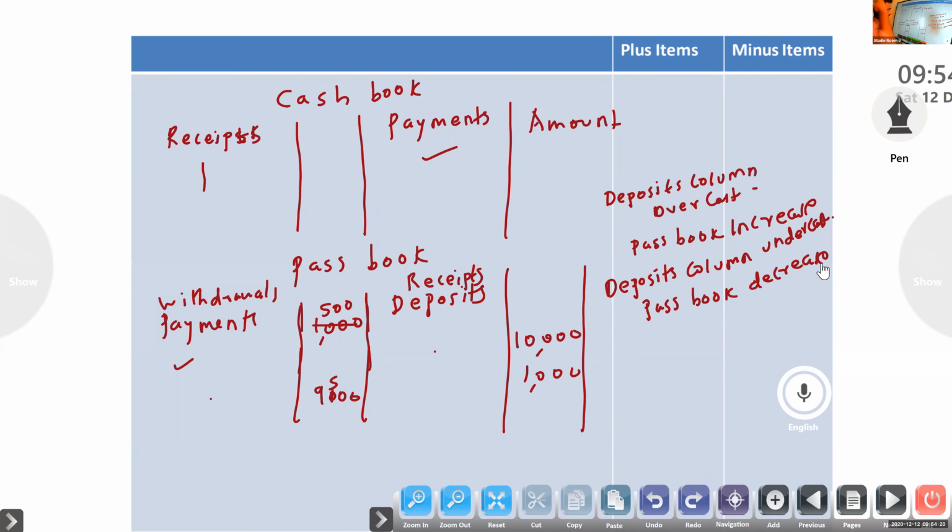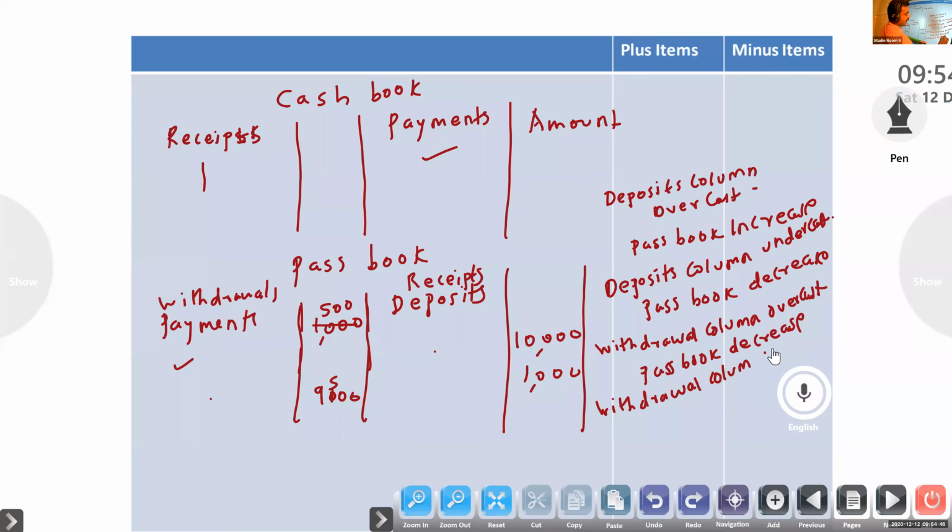So same effect, deposits and passbook. But withdrawal column overcast means passbook decrease. I am telling only about the passbook. Withdrawal column undercast means passbook increase.